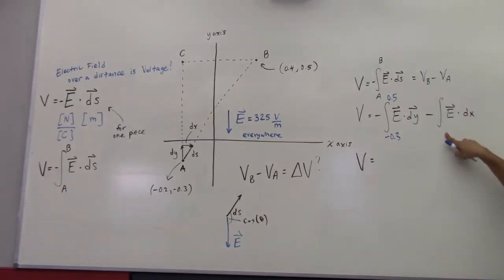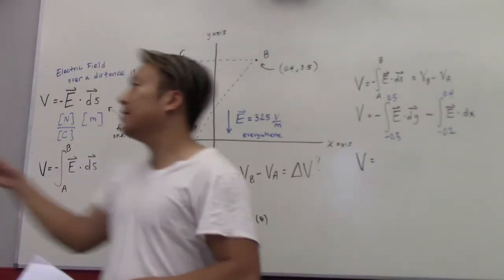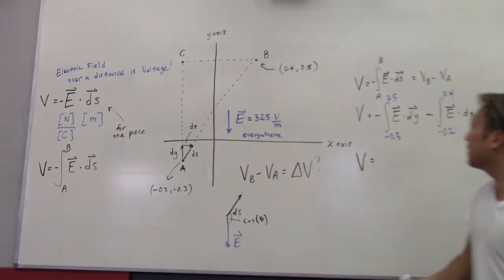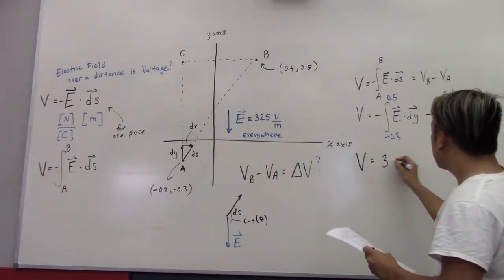And then from this one, the x coordinates would be negative 0.2 to 0.4. See? So this statement is equivalent to the one before. We just broke it up into x and y. Then when we integrate this, because we know that E is a constant, right? Because we said it was 325, we can factor that out of the integration.